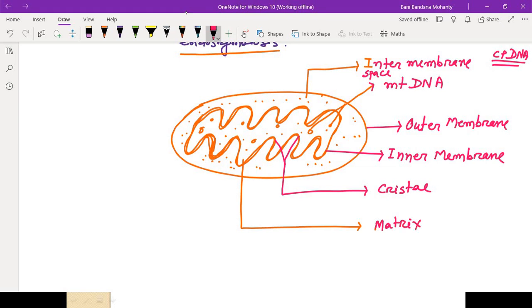So we came to know the structure of mitochondria. This is the structure of mitochondria.